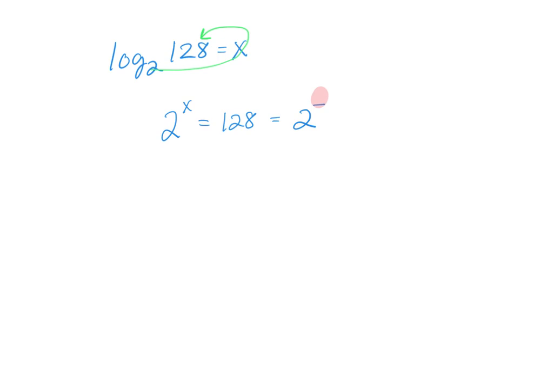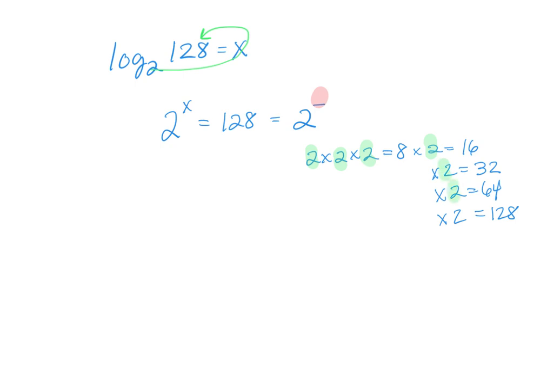So you can get out your calculator and start typing in 2 times 2 times 2, and we know that is 8. So if we multiply 8 times 2, we get 16, times 2 again we get 32, times 2 again we get 64, times 2 again we get 128. So how many times did I have to multiply times 2? Well, let's count them. 1, 2, 3, 4, 5, 6, 7.